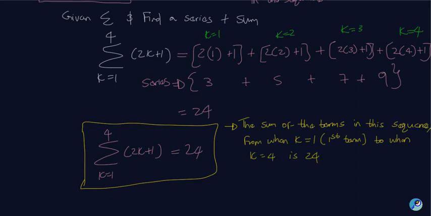So basically in the show le the sum of terms in this sequence, so ukhuluma ngani ngale equation le. So it's 2k plus 1. The sum of the terms in this sequence, 2k plus 1, from when k is equals to 1 to when k is equals to 4 is 24. So kahle into isho le nto ama sigma.